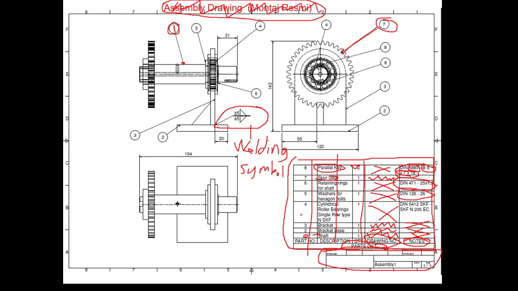How about the dimensions? Yes, I have already informed you. We show overall dimensions. 154, you see, is the distance from the most left surface to the most right surface.